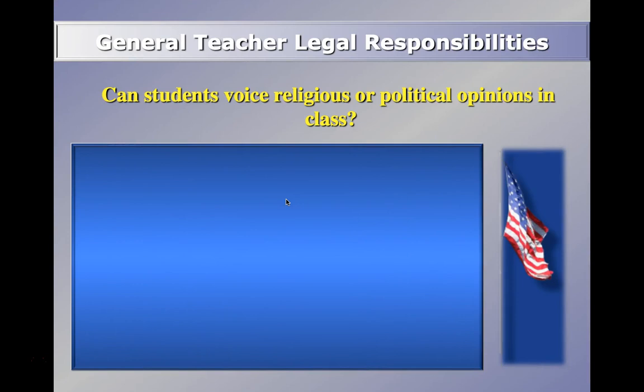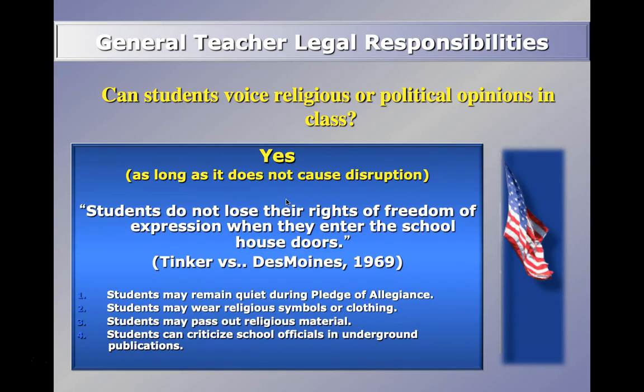Can a student voice religious or political opinions in class? That the president is crazy, or the House of Delegates just got this wrong? Well, yes, as long as it does not cause disruptions. The Tinker versus Des Moines case in 1969 ruled that students do not lose their rights of freedom of expression when they enter the schoolhouse doors.